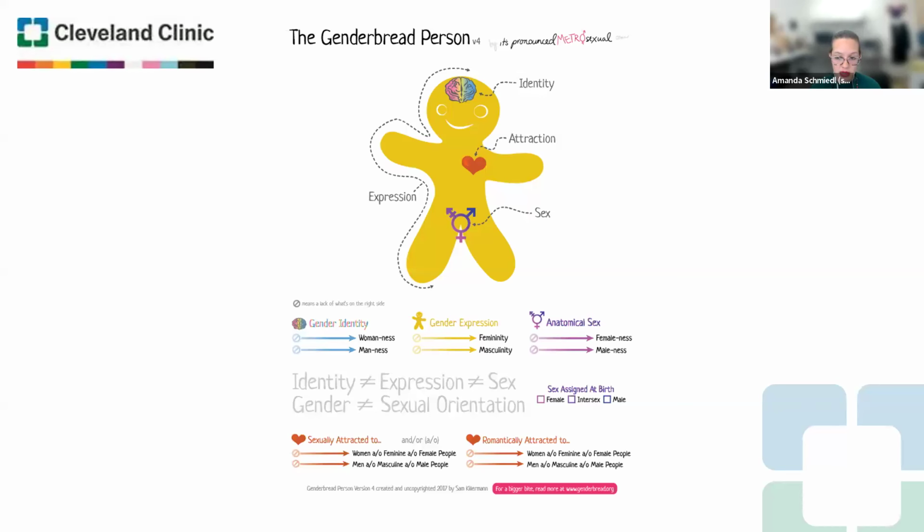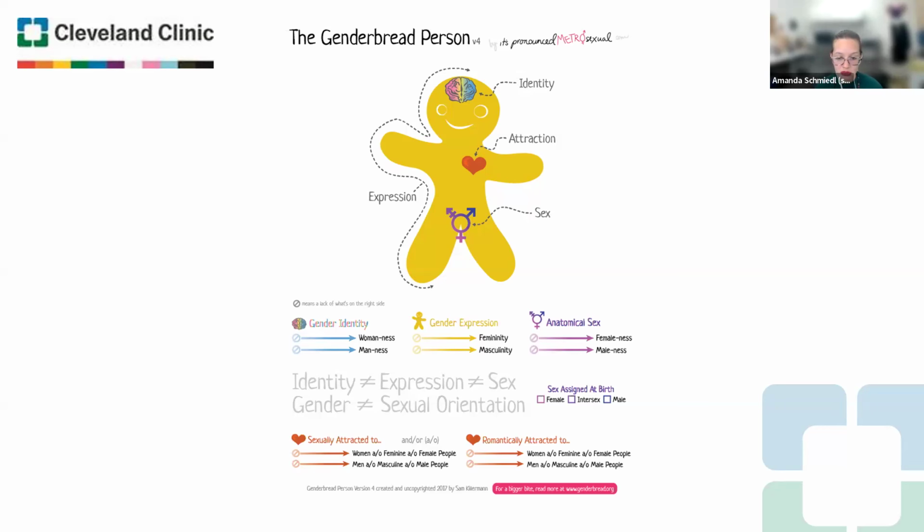Whether you identify as a male or a female or both or neither, that is how you identify yourself as being, whereas sexual orientation describes how you characterize your sexual or emotional attraction to others. And they don't always align.